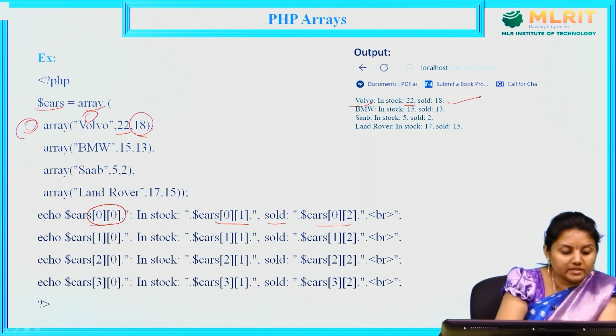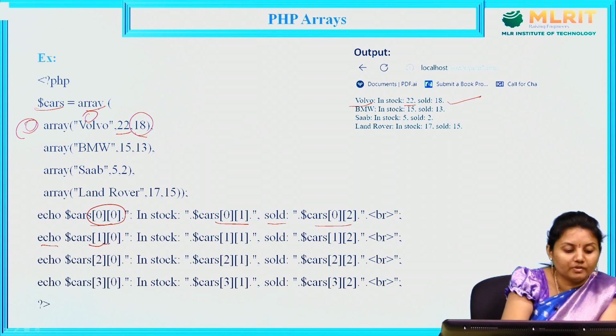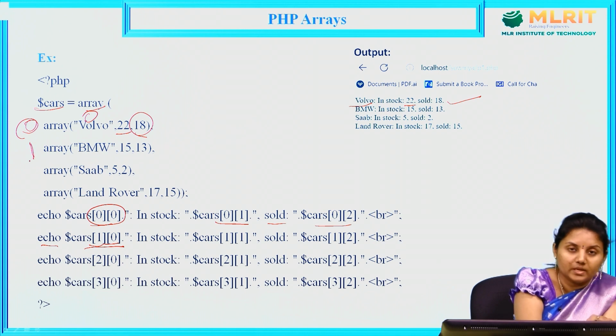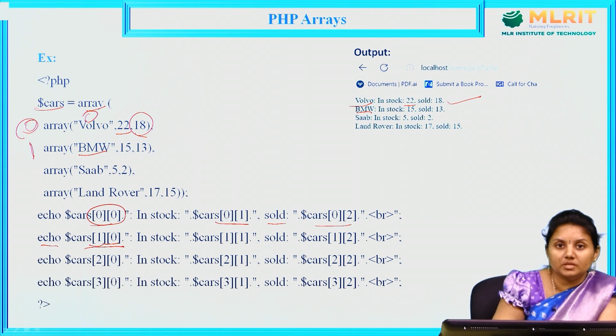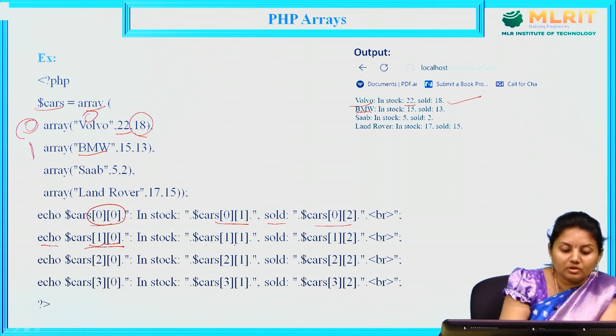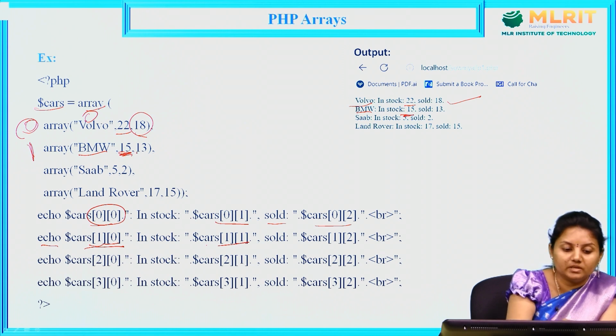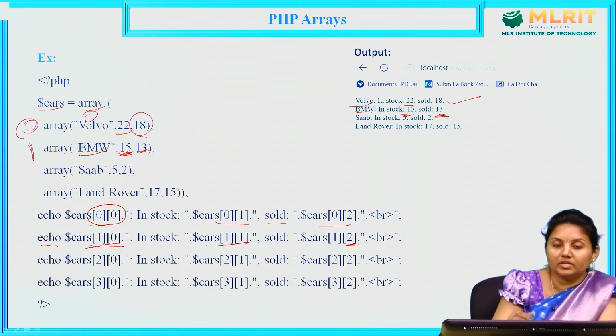And then in the next line we are giving cars of 1 of 0. This is array 1, and 0 of it means the first element, that is BMW, so BMW is getting printed. Cars of 1 of 1 means the second element in that array, that is 15, so 15 is printing. Then 13 is getting printed for 1 of 2.